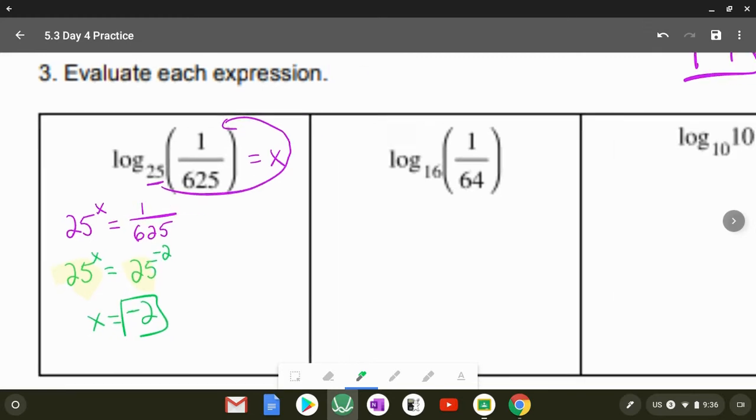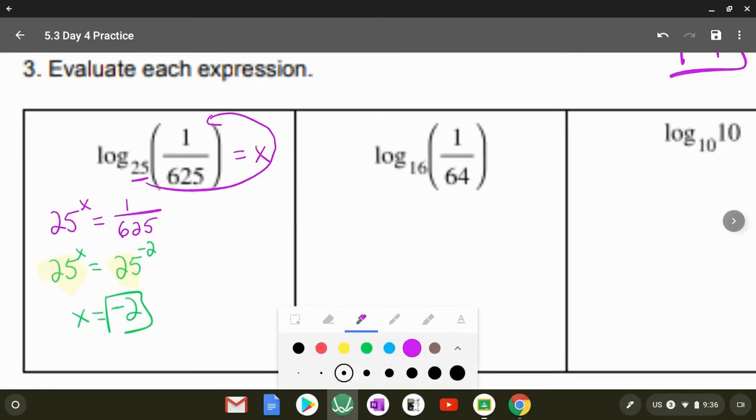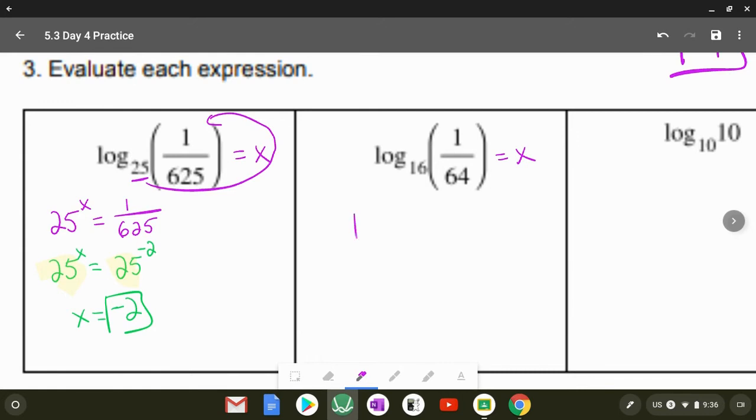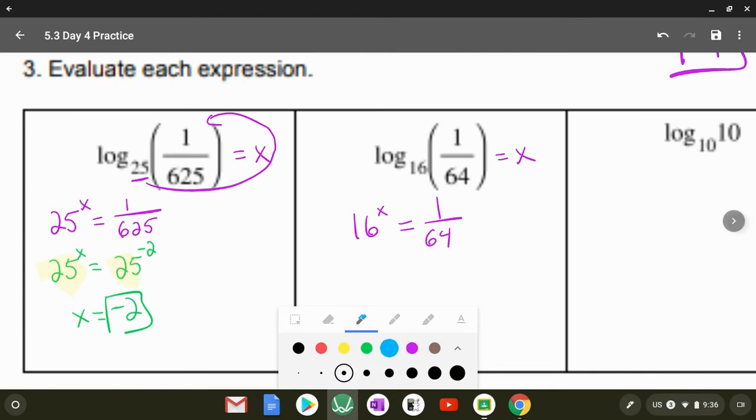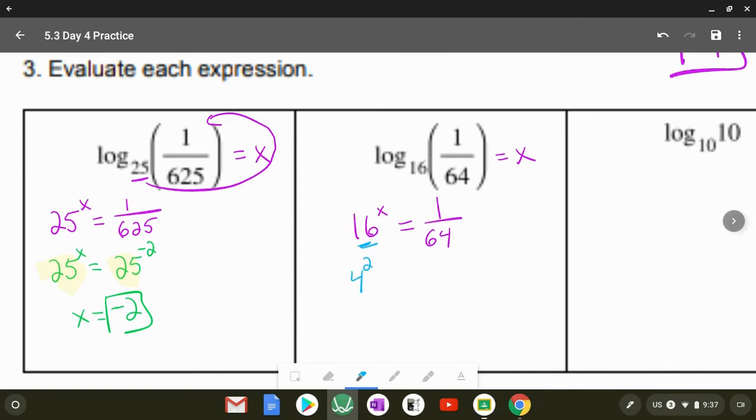If we take a look at part B, the second one, go through the same process. 16 to the x equals 1 over 64. This one's a little bit more tricky just because the common base isn't only changing one side. We actually have to change both sides.